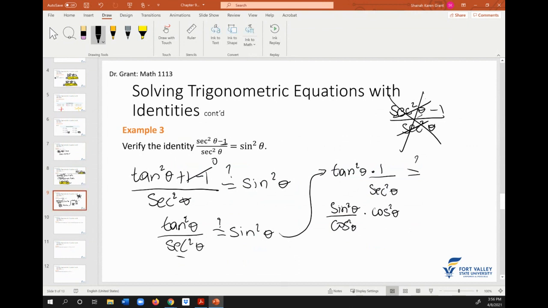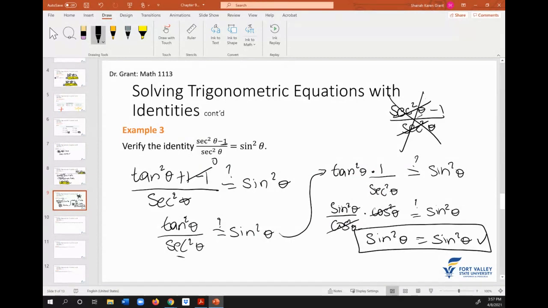We want to know, is this equal to sine squared theta? Well, yeah, if we cancel the cosines, we have that sine squared theta is in fact equal to sine squared theta.